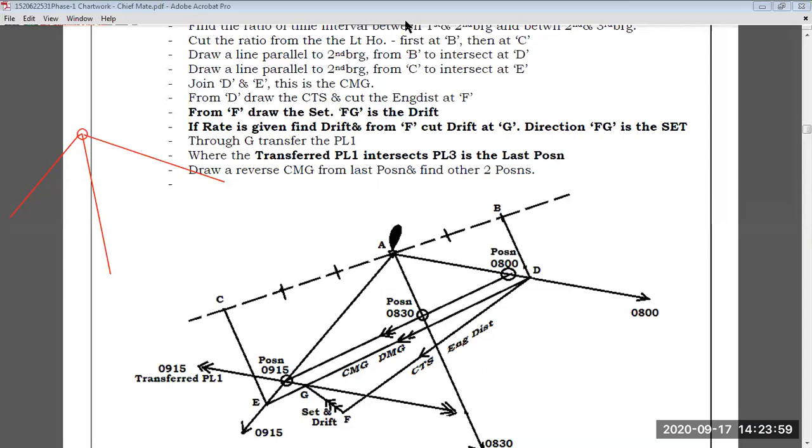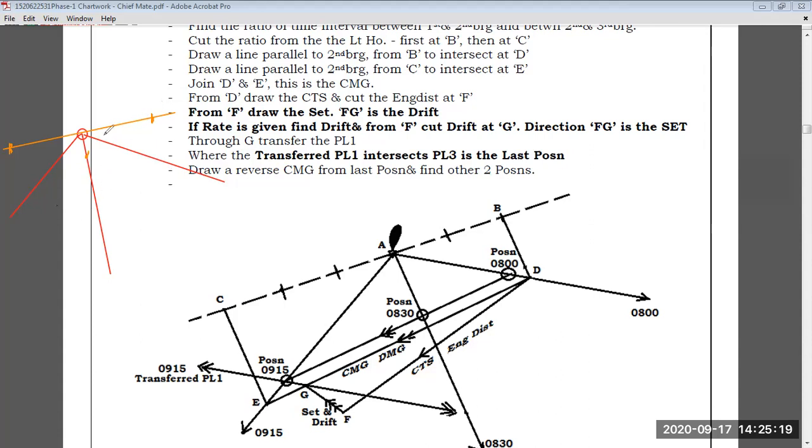So let's see what we have seen till now. We have a lighthouse and we draw all the three bearings and we take the time ratio between the bearings. We take a line perpendicular to the second bearing, this one, and we take the time ratio, which is 30 minutes and 45 minutes.